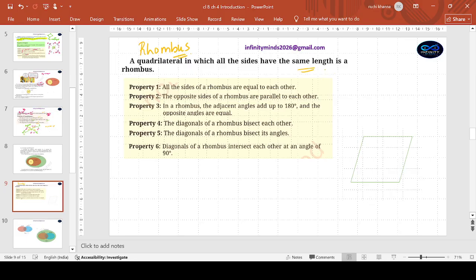Oh, same length was the property of a square. Can you see the shape? The way I was talking about a parallelogram being a tilted rectangle, isn't a rhombus looking like a tilted square? Okay. Yes, it is. And opposite sides parallel.